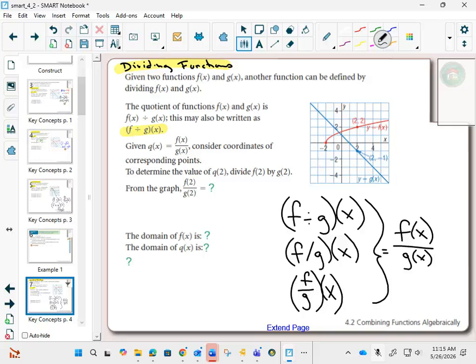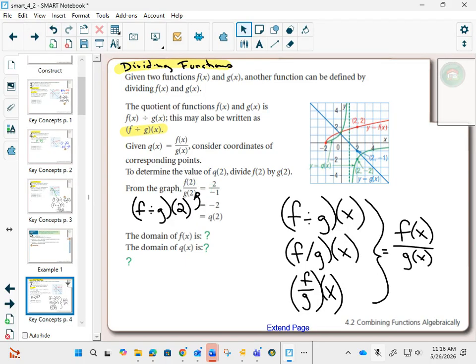So you might get the following. What is f divided by g of 2? And the first thing I would do is I would rewrite it as f of 2 divided by g of 2. Figure that out. 2 divided by -1 will be -2, and that finds our other point.